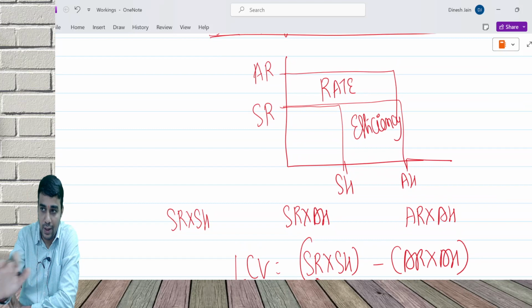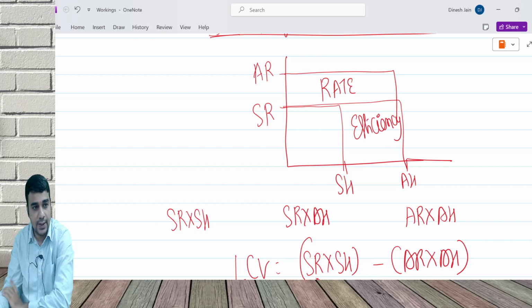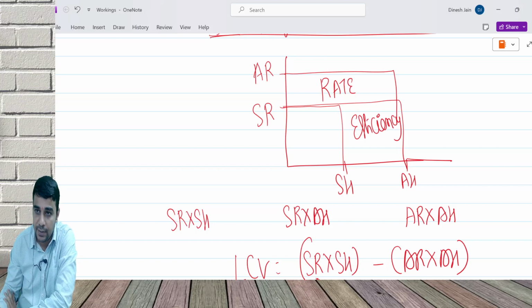Okay, look at this. Tell me what is the formula for labor rate variance. Everyone participate. SR into AH minus AR into AH. Efficiency: SR into SH minus SR into AH. So the formula will automatically come from the chart.